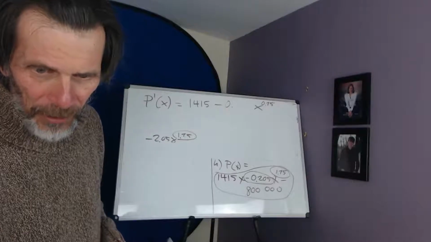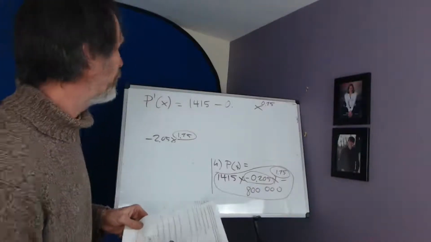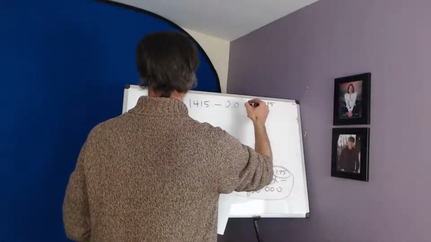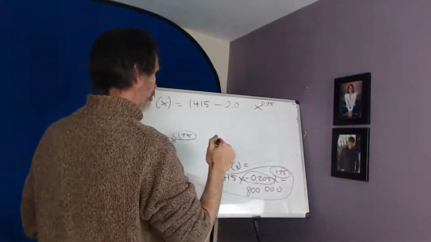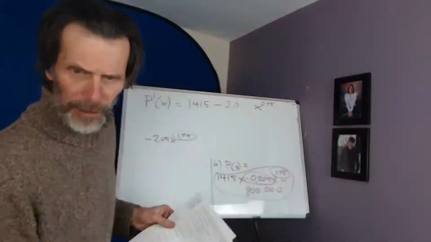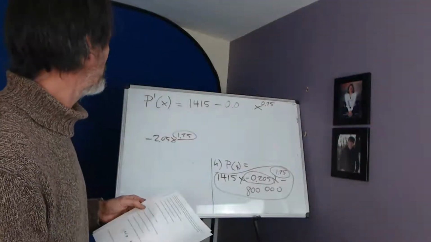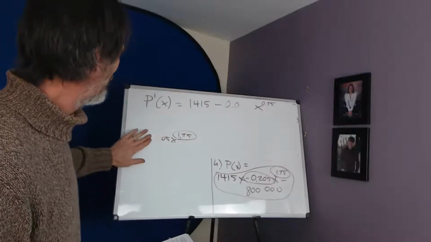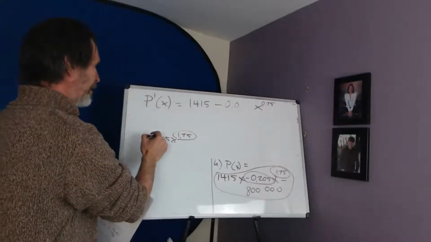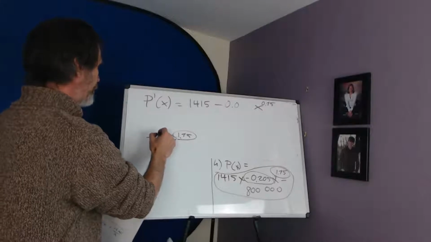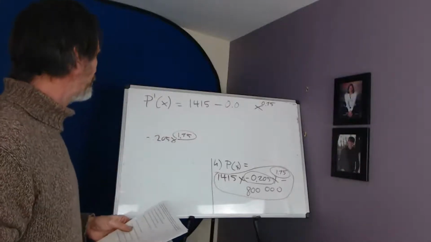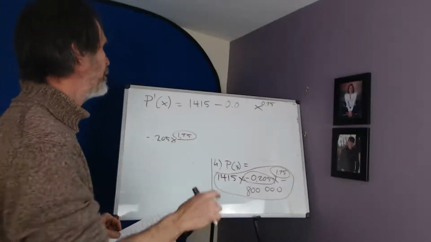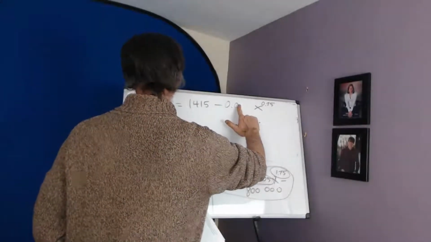Negative 0.0624 could be. I think the decimal's off a little bit, because, whoops, I copied that wrong, didn't I? Negative 0.2 times 2, that's got to be bigger than 0.2. So maybe your decimal's off on this one.